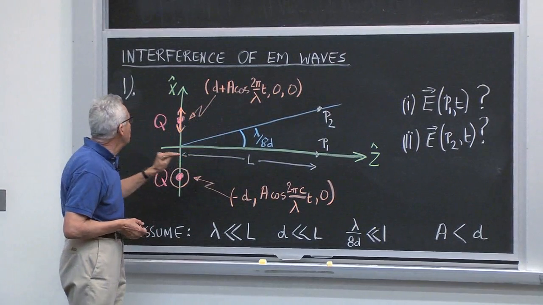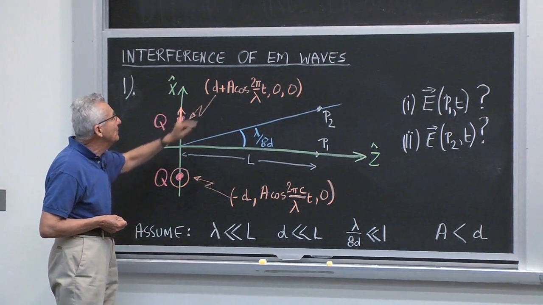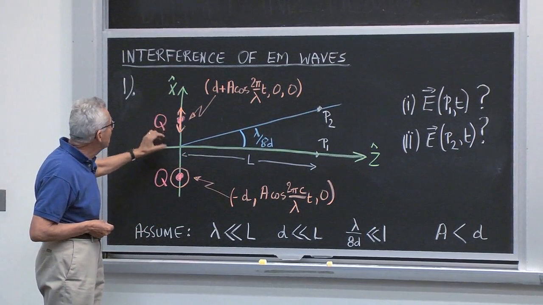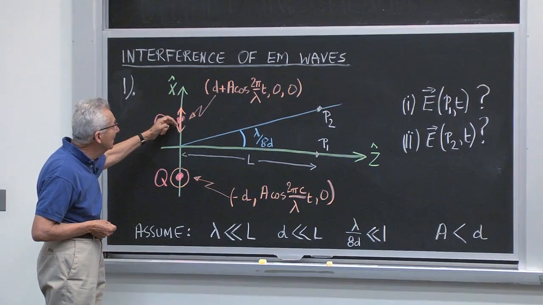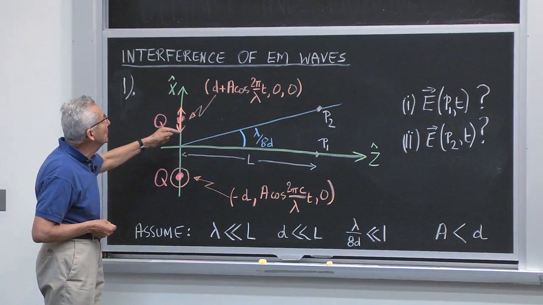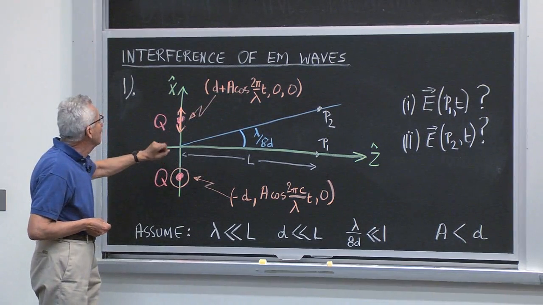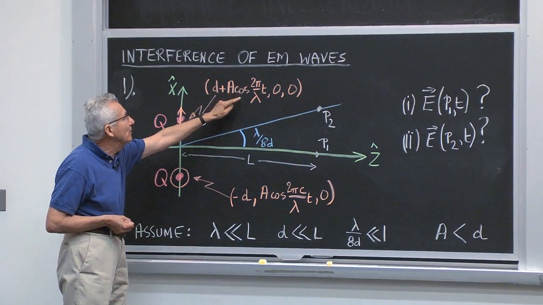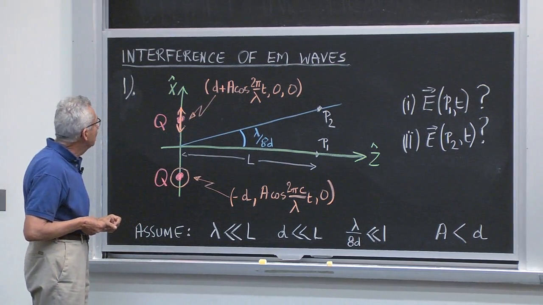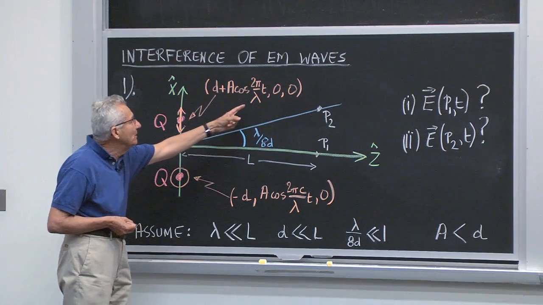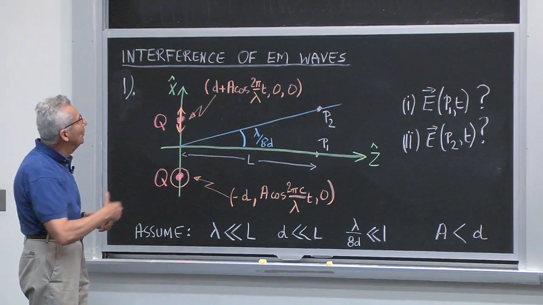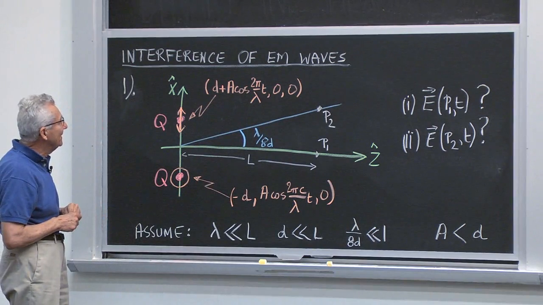This tells you the position of the charge as a function of time. So it's centered a distance d from here, and oscillating with an amplitude a as a cosine 2 pi over lambda t, where lambda is, of course, the wavelength of the radiated electromagnetic wave.